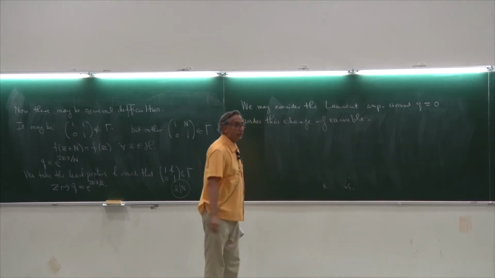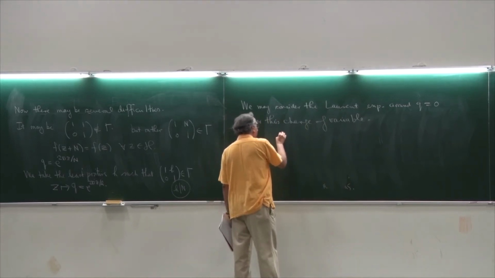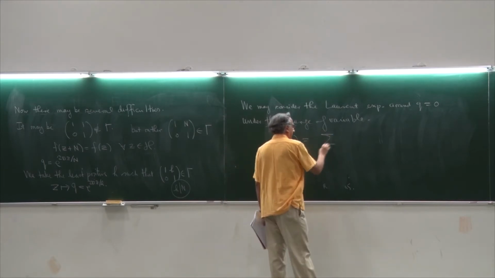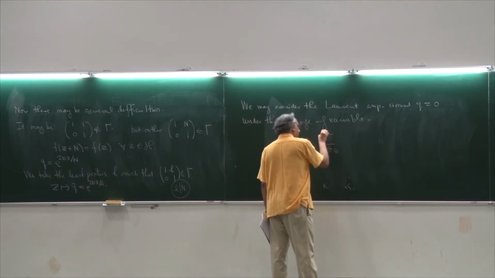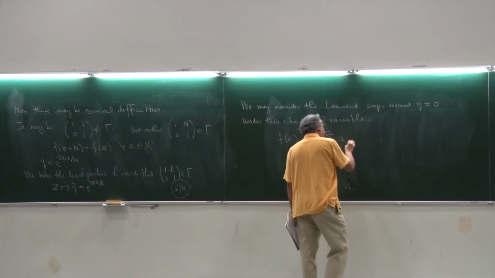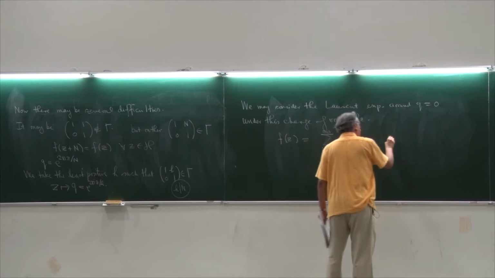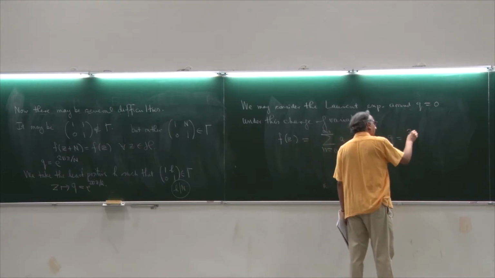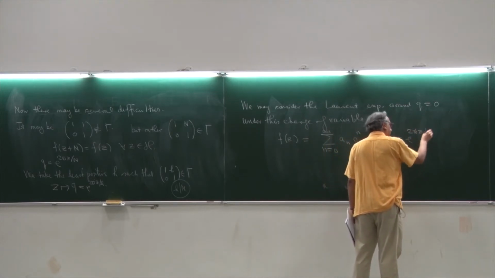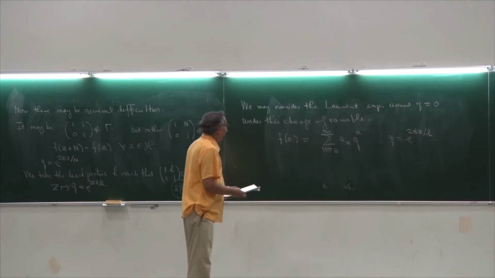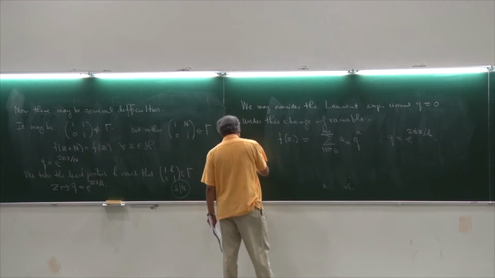In such a case, because it's a holomorphic function, we can write our f of z as the sum from n equals 0 of a n q to the n, where q is equal to e to the 2 pi i z over h.